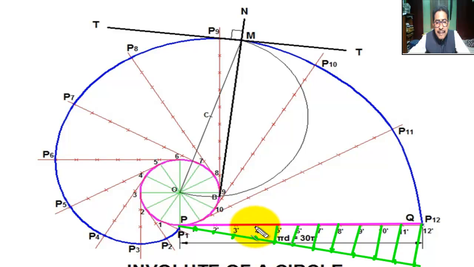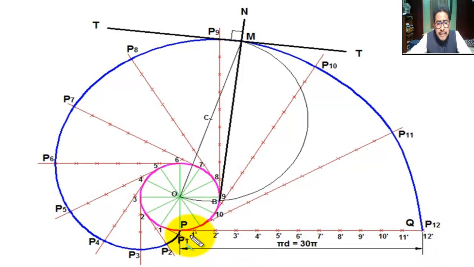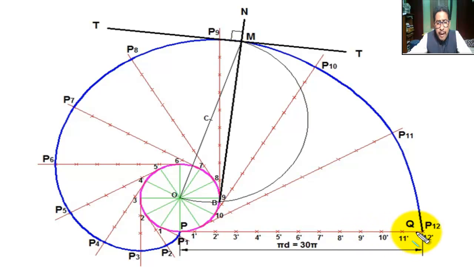Now this line is divided into 12 equal parts. This 12 equal parts are marked as 1 dash, 2 dash, 3 dash, 4 dash, 5 dash, in this way up to 12 dash.